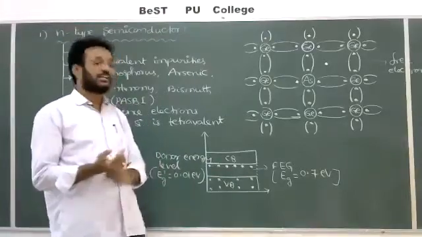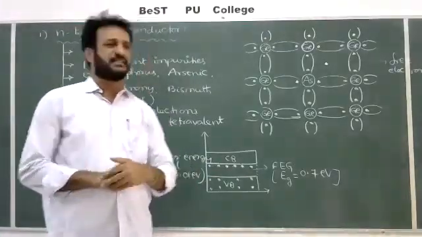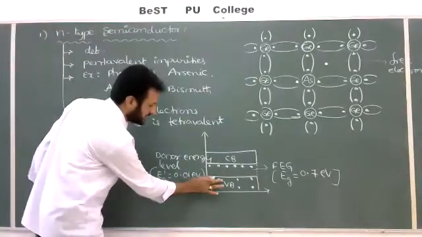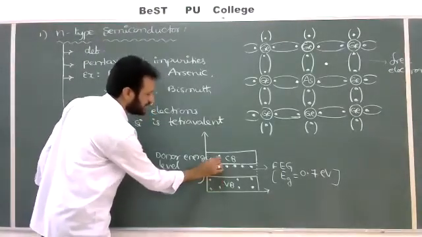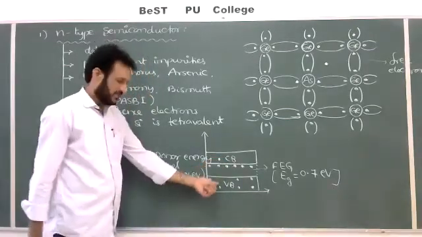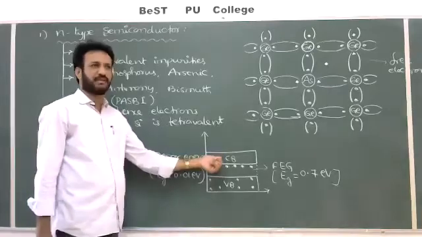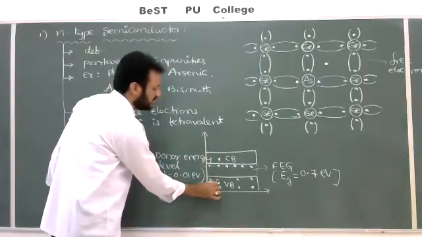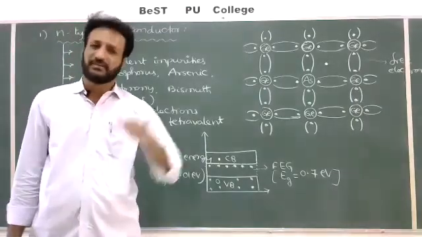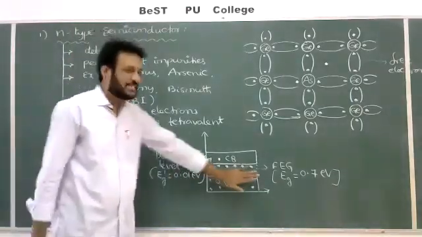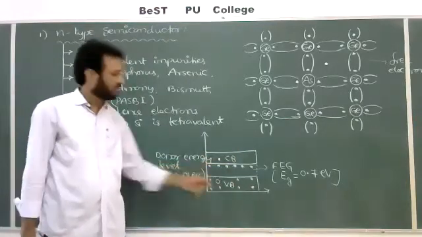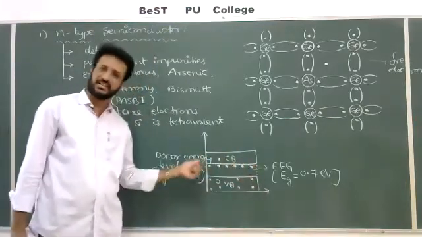For example, at room temperature, what will happen? Some electrons from the valency band may jump to the conduction band. Whenever one electron jumps from the valency band to the conduction band, it leaves one hole. The deficiency of an electron is called a hole. At very low temperature, the valency band has electrons but the conduction band has none.